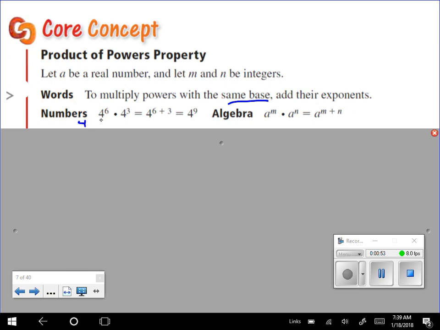We wrote 4 times 4 times 4 times 4 times 4 times 4, that's 4 to the 6th power. And if we multiply that by 4 times 4 times 4, how many total 4s do we have? If we add those together, we have 9 total 4s. That's why it's 4 to the 9th. This is going to make our life a little bit easier than writing that all out. If we know the rule, we can just answer it as 4 to the 9th.